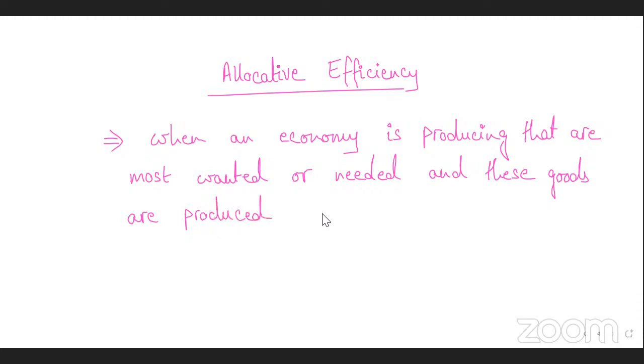Now, what does optimal quantity mean? I'll tell you. Are produced in optimal quantities. Okay, students, have a look at this.